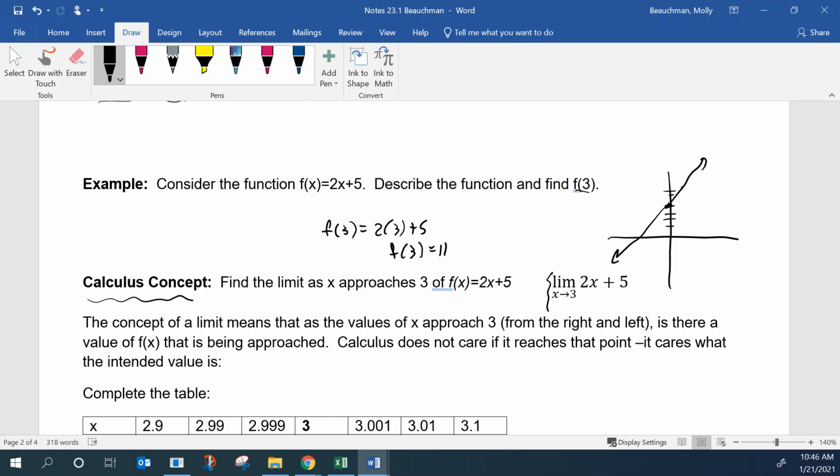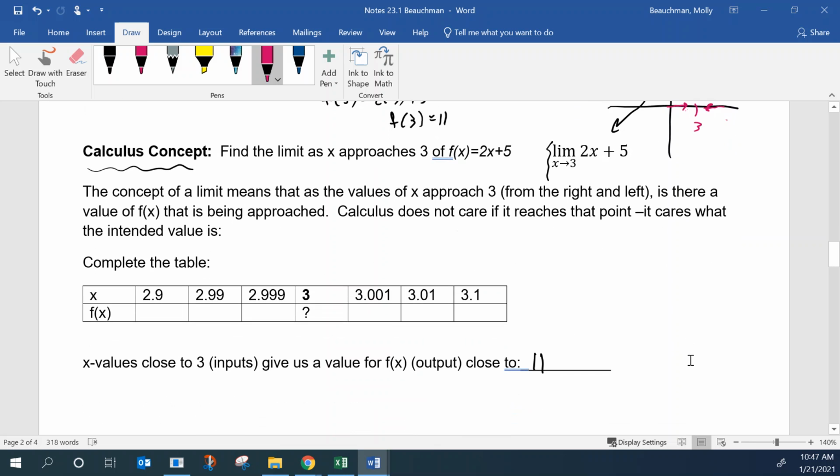Okay, so for example, the value that we're looking at, if x is 3, as we take a look from the left, smaller values of x approaching it from the left and approaching it from the right, we're going to look at values of x close to 3 on either side, and then see what the y values are, and then take a look and see if we can guess what the value should be at 3.